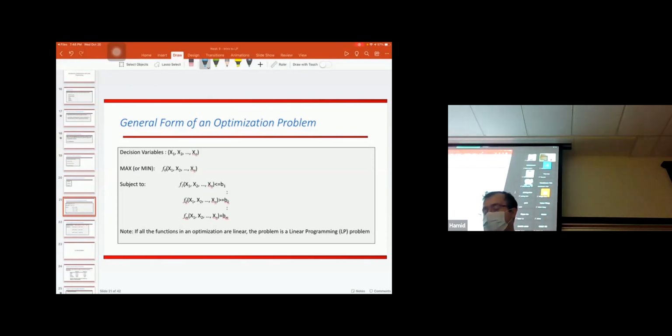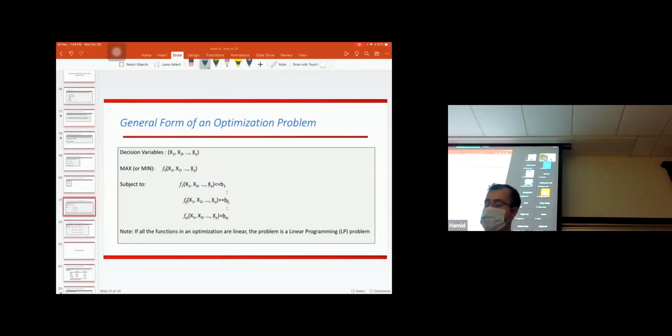First of all, we have some decision variables. We call them x1, x2, up to xn. For example, x1 could be how much gas you take, x2 how much you pay for workers, x3 how much time you have. So you basically decide about your resources.